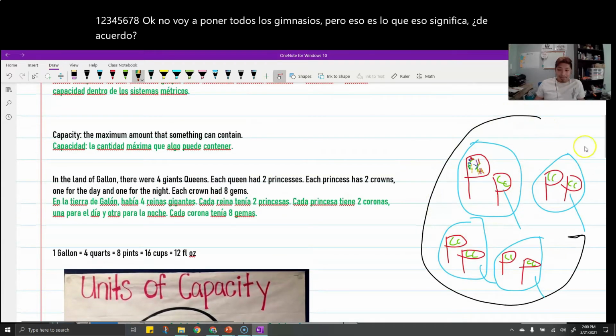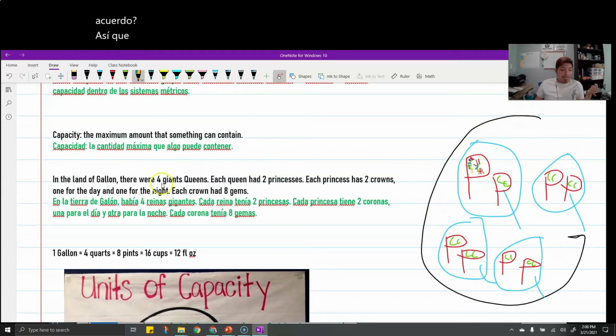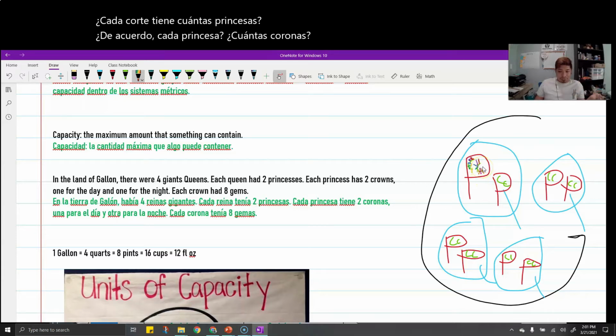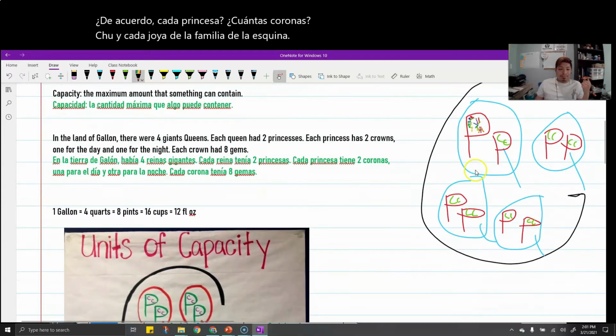So there's a gallon, right? How many quarts are in there? 4. Each quart has how many pints? 2. And each pint has how many cups? 2. And each cup has how many fluid ounces? 8. Okay.